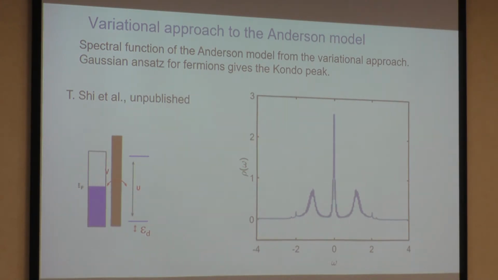Anyway, this is just to show you that it's interesting that very subtle effects, which usually require very sophisticated theoretical tools, can be captured, at least technically, with a single Slater determinant if you do the right trick, which is this decoupling transformation.